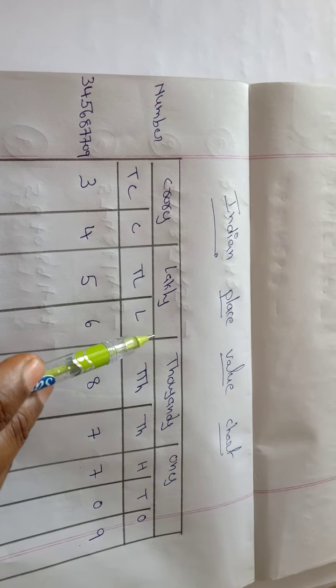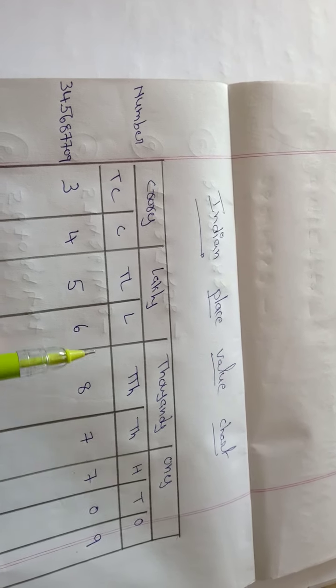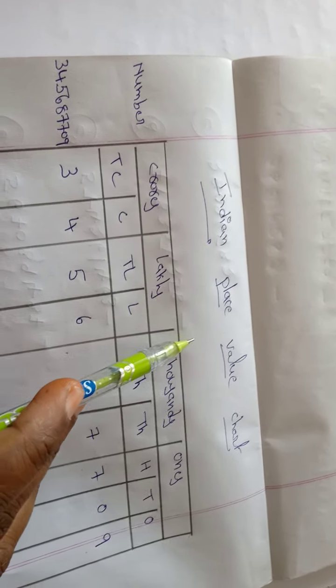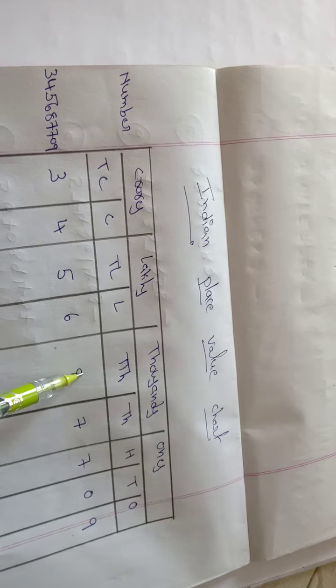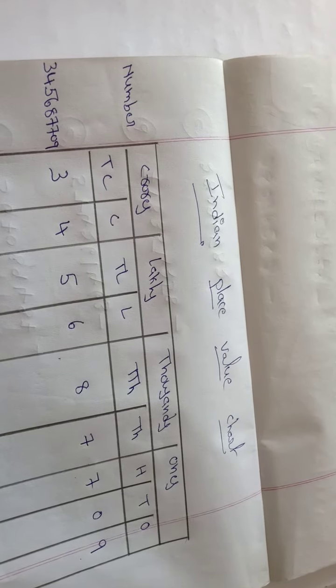One more difference: in Indian, thousands, lakhs and crores are divided into 2 sub columns, but in international, 3 sub columns.